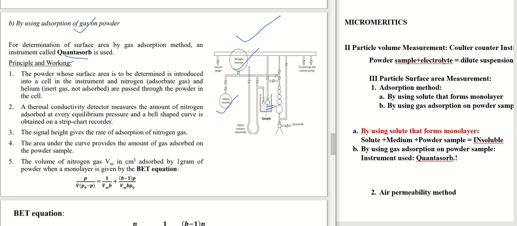The purpose of using helium is that it will create an inert environment here. And the adsorption takes place between the nitrogen gas and the sample.